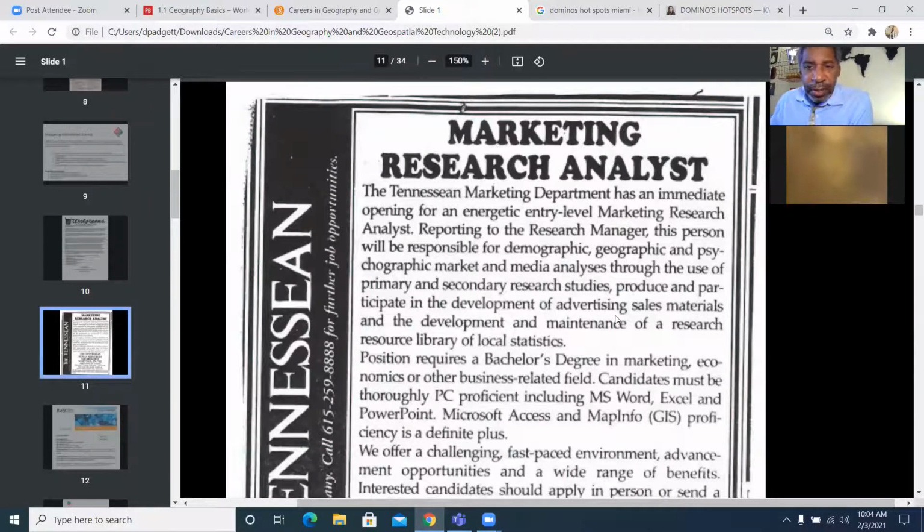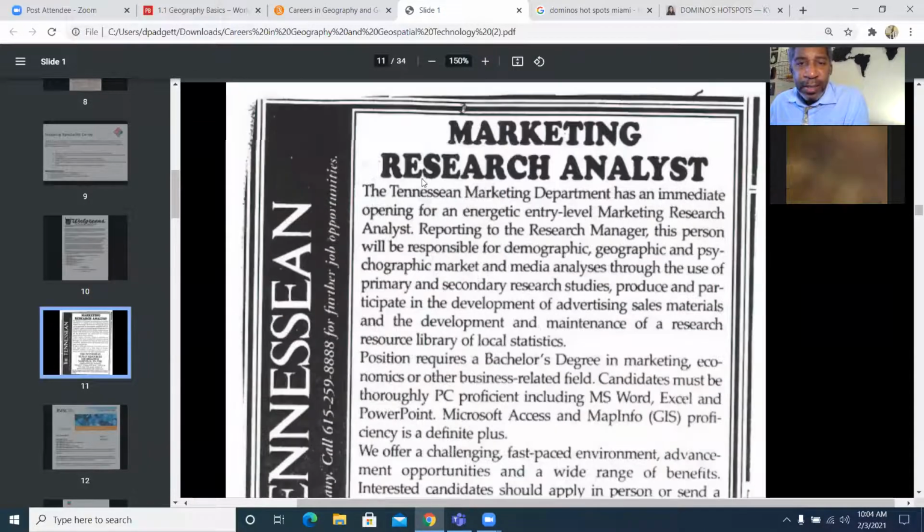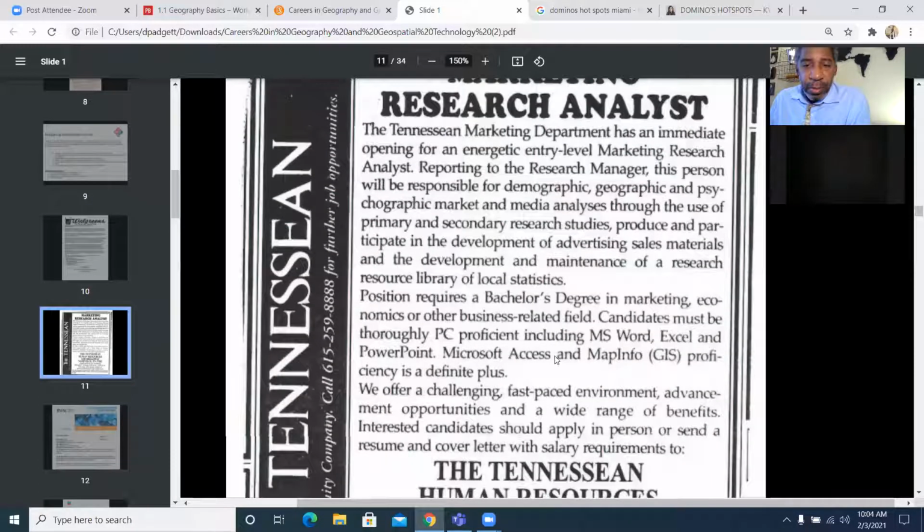But this article is very interesting because it says that whoever this person is hired by the Tennessean as a marketing research analyst must have MapInfo GIS proficiency. MapInfo is just another GIS software package. We're going to use ArcInfo, not MapInfo, in here.